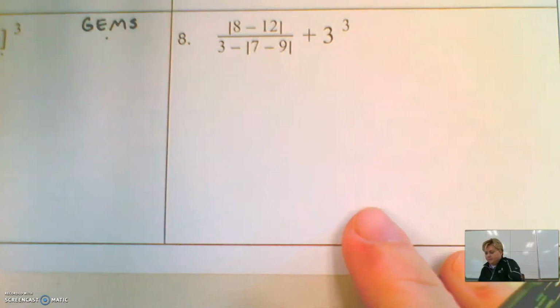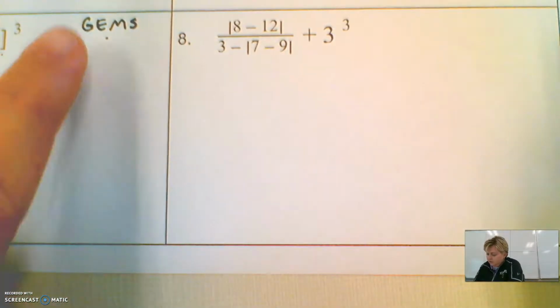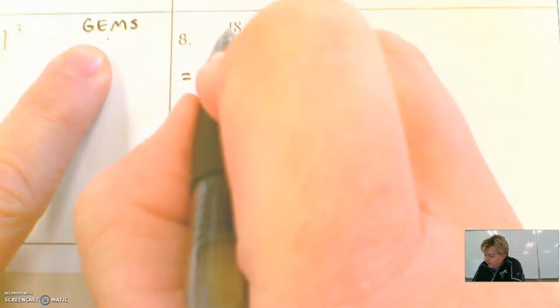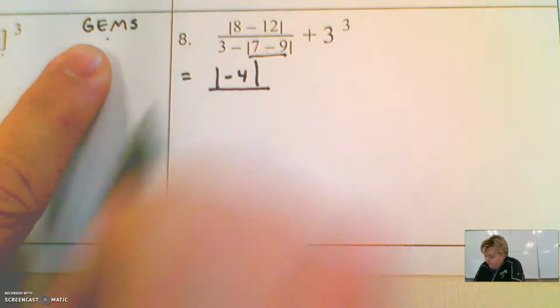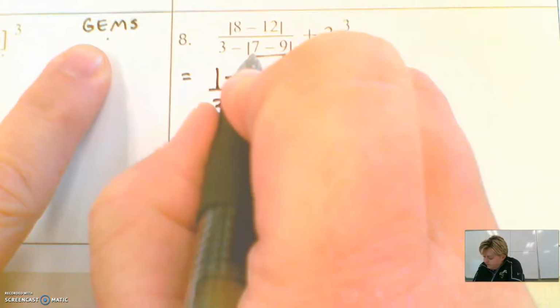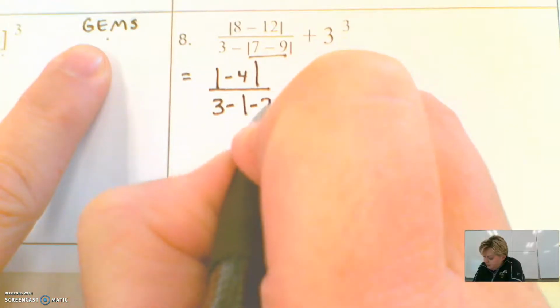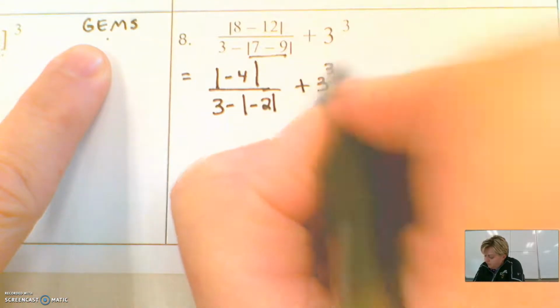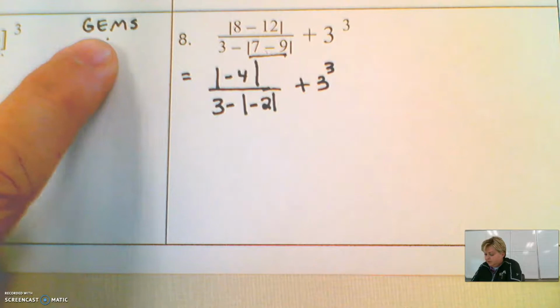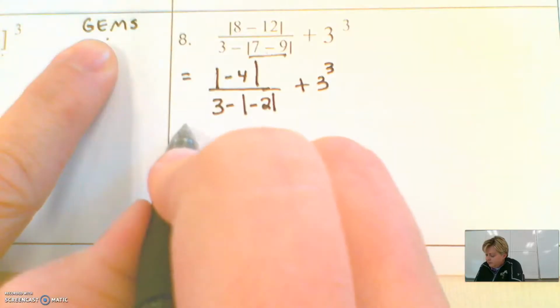All right, number 8. GEMS, the grouping. So we have a fraction. Let's work with it first. Absolute value, 8 minus 12 is -4. Denominator, grouping. 7 minus 9 is -2. That's in absolute value symbols. And we go back to grouping. We have the absolute value.